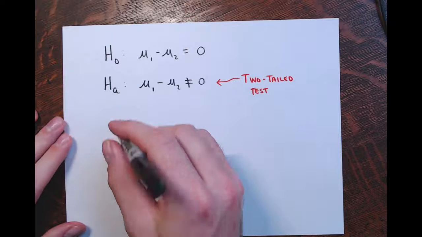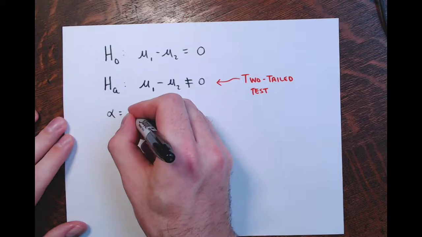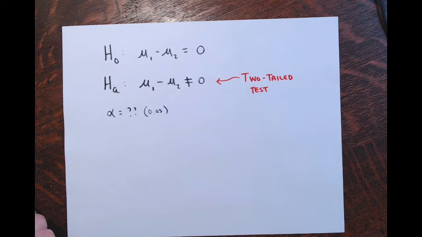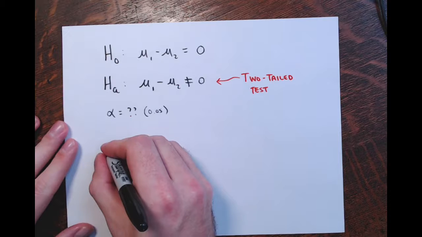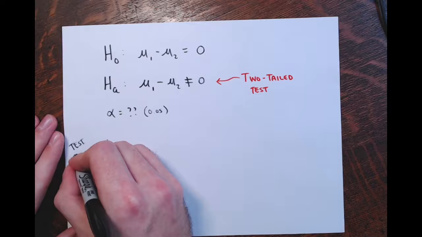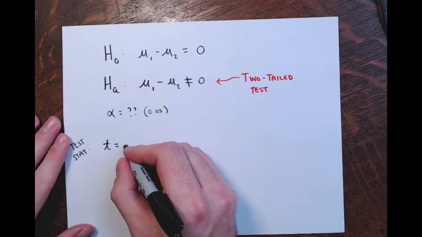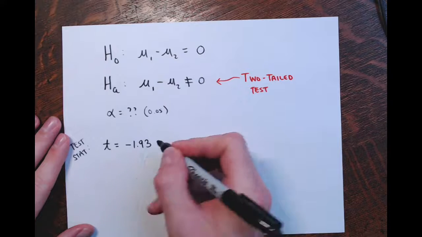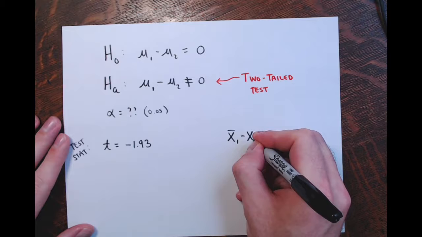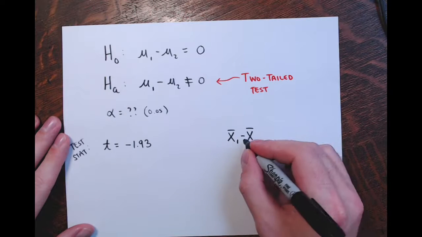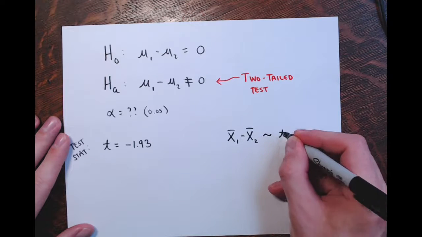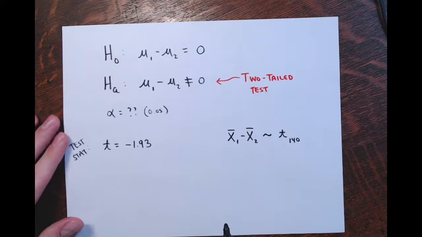Now they didn't give us a significance level here, so we would usually just assume 5% if they don't give it to us. But they gave us a test statistic. The test statistic for the difference between our sample means in this problem is negative 1.93. And they also told us that the distribution of the difference in sample means, the distribution of x1 bar minus x2 bar, is a t-distribution with 140 degrees of freedom.